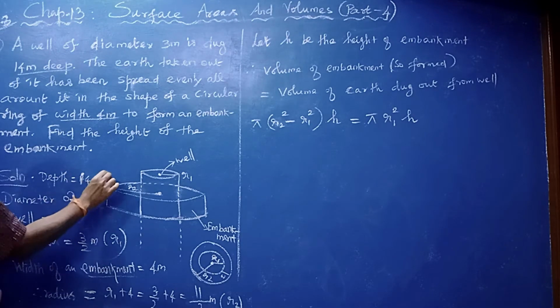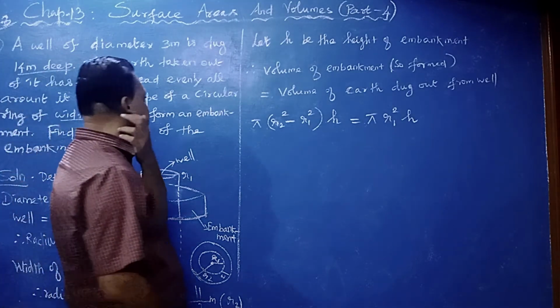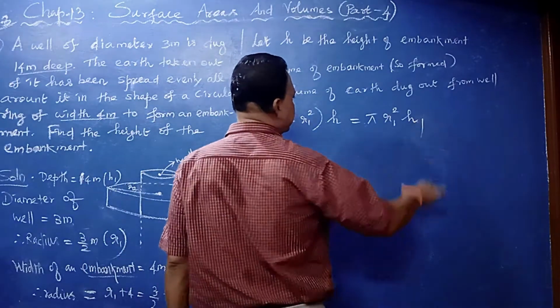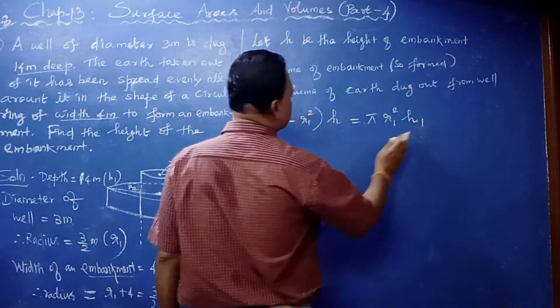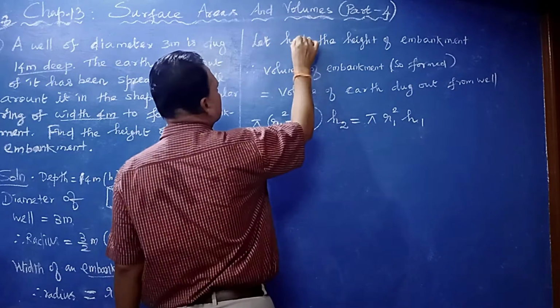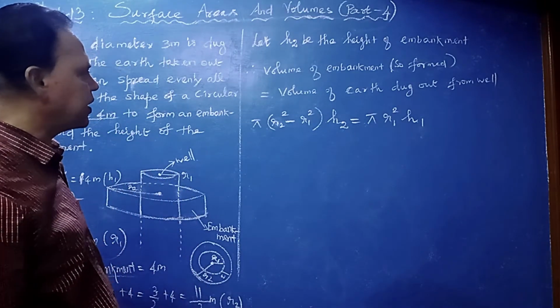You take this one as H1, then here you write H. No problem. For understanding purpose, H2 also you can take. H2 you have to calculate, or simply H also you can take.